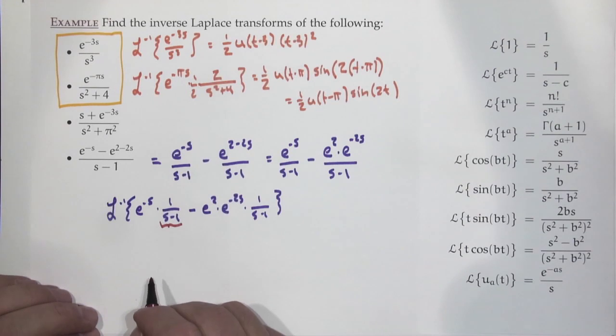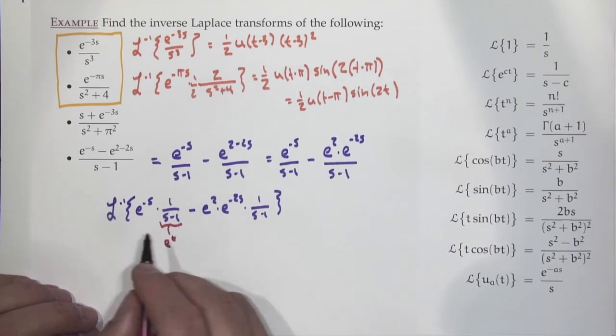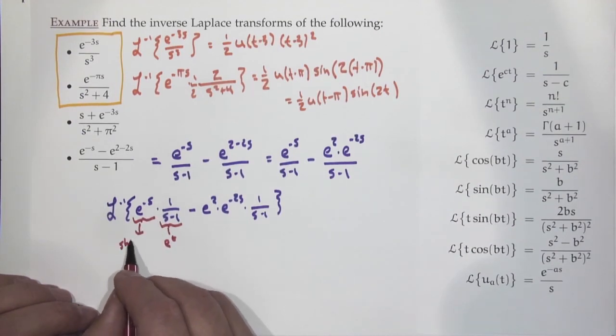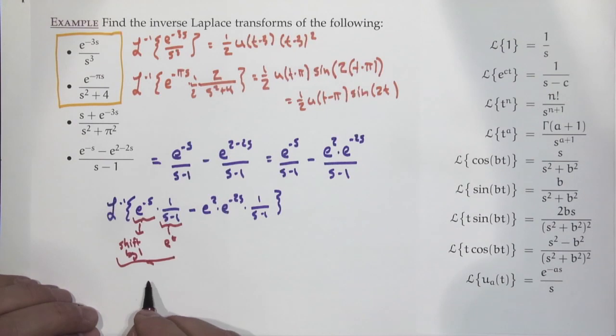Just this piece, what would that go to? Normally this would go to e to the t. Here we see e to the minus s, so this is going to be a shift by 1. So when we put these two together, what do we end up with? It'll be e to the t minus 1 and u of t minus 1.